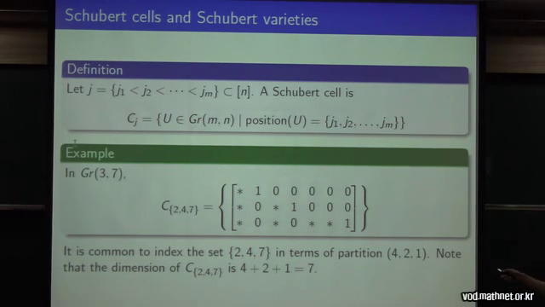Although I index the Schubert cell in terms of a subset of n of size m, you can also describe this index set by reading the stars from below: 4, 2, 1, which I will call a partition. The dimension is the sum of all the numbers in the partition, which is 7.